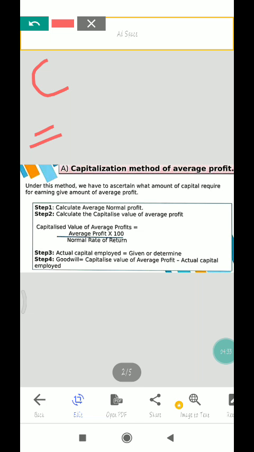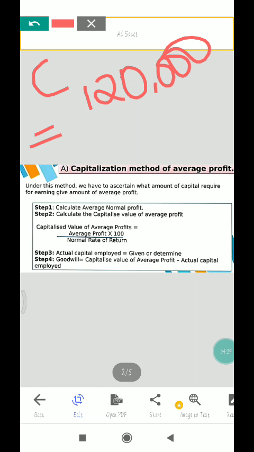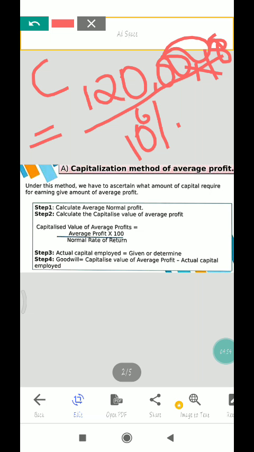Capitalized amount is equal to average profit divided by NRR into 100. Here you are earning a profit of rupees 1,20,000 at the end of the year, and your friend also wants to earn a profit of rupees 1,20,000. That is the average profit. The NRR is 10%, into 100. Then the capitalized amount is rupees 12 lakh.